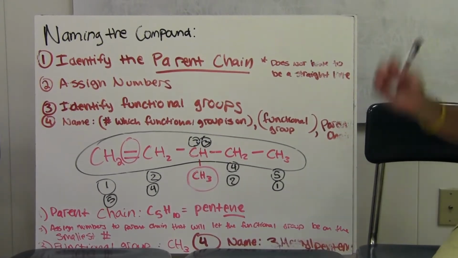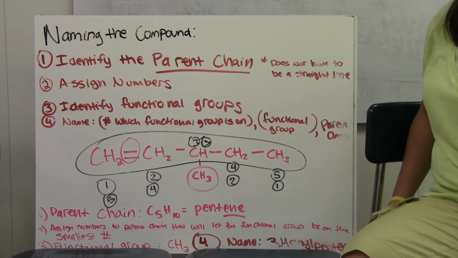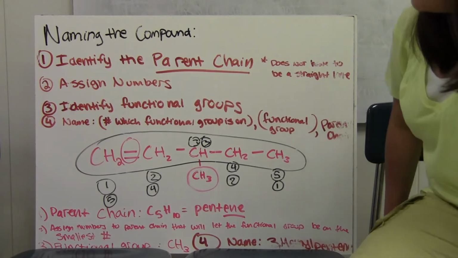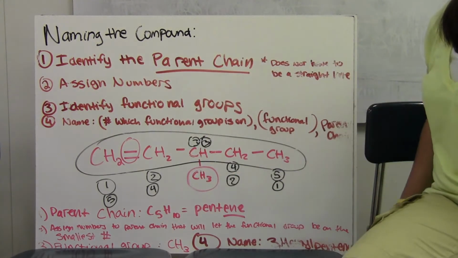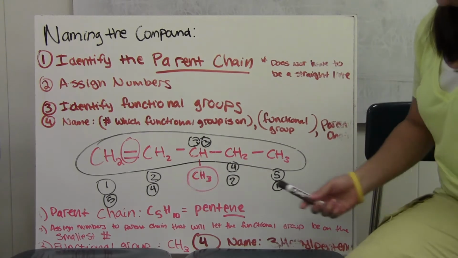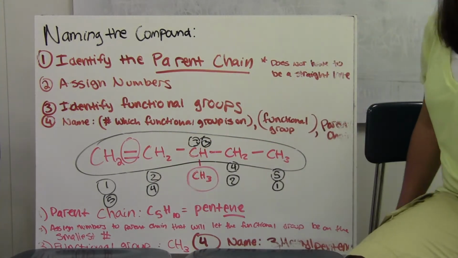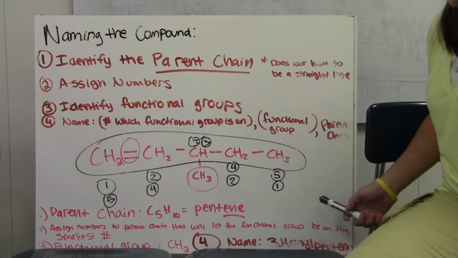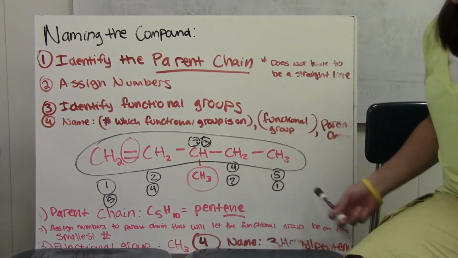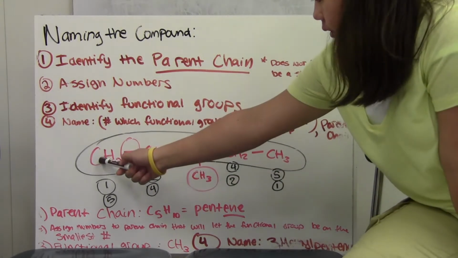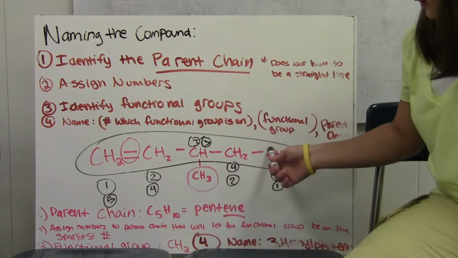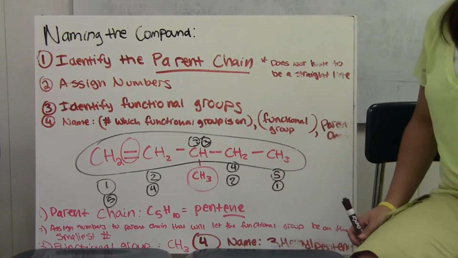So when naming an organic compound, there are 4 basic steps you should follow to make it easy for you. First, you should identify the parent chain. Now the parent chain is just simply the longest chain you have in a formula, and in this particular one here, it is this straight line chain, 1, 2, 3, 4, 5 carbons.